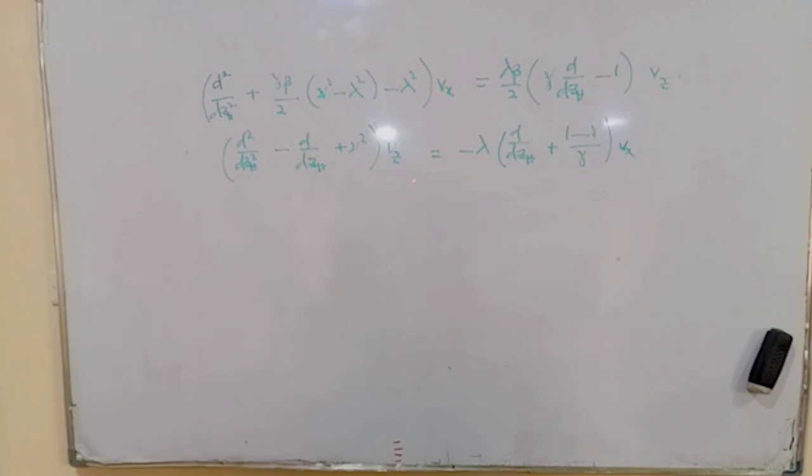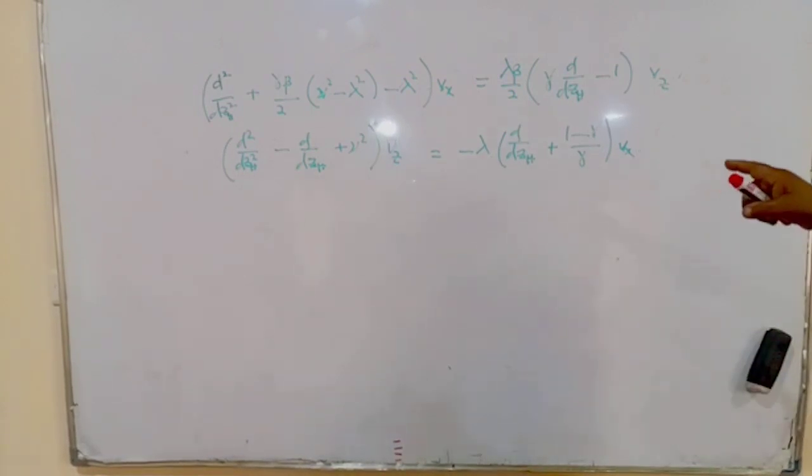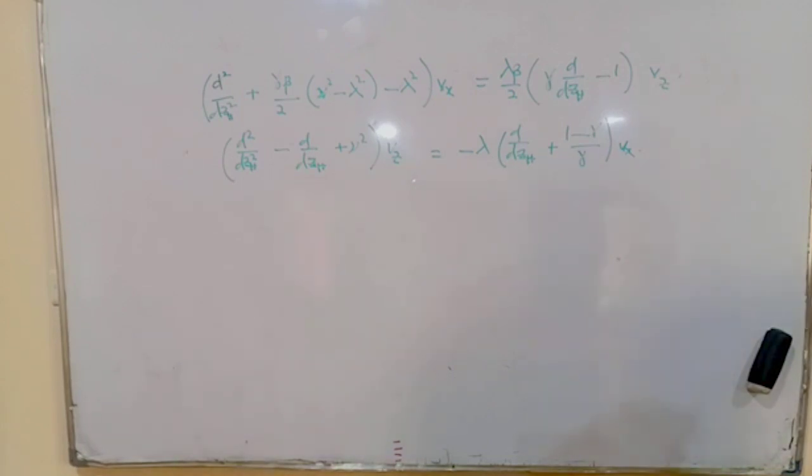Now, the lambda is a representative of the wave number, and nu is a representative of the frequency.